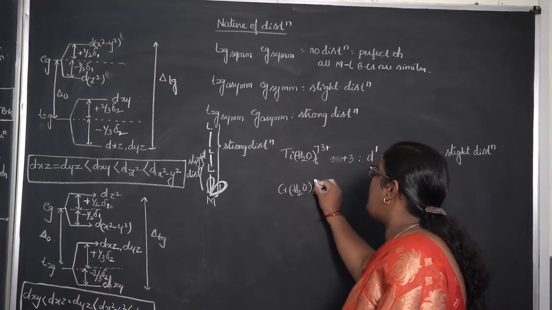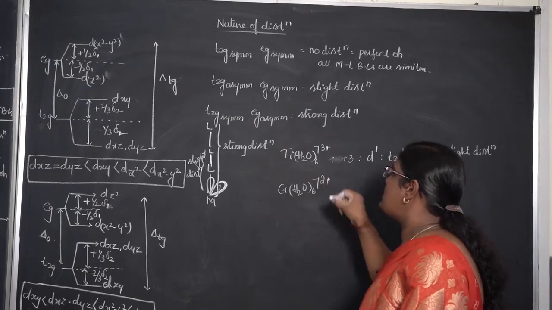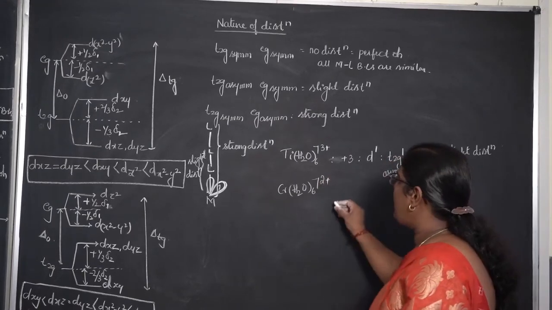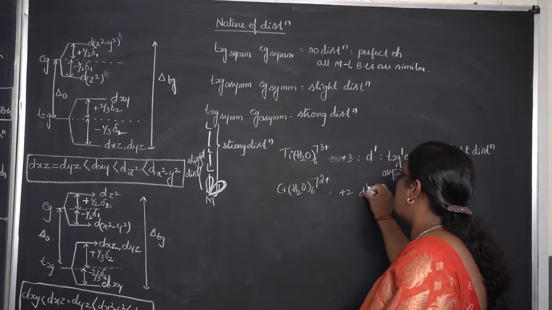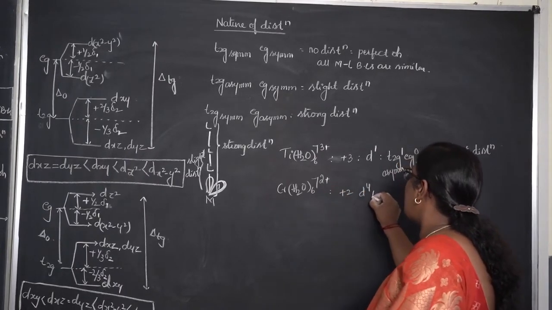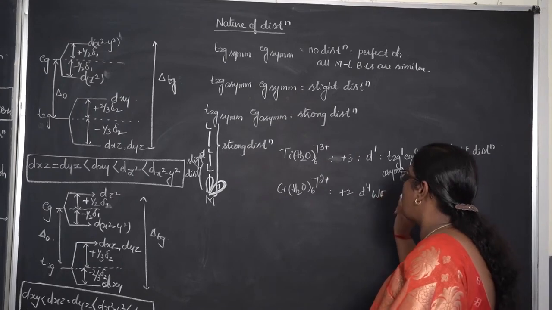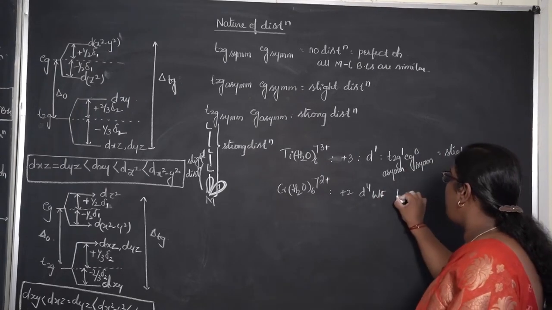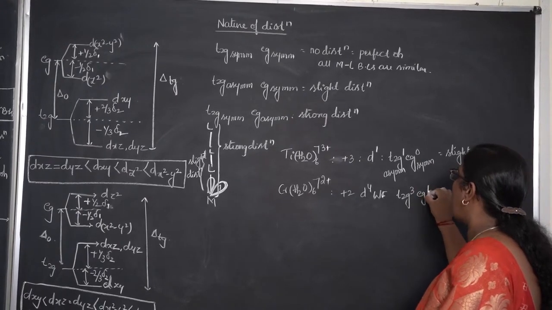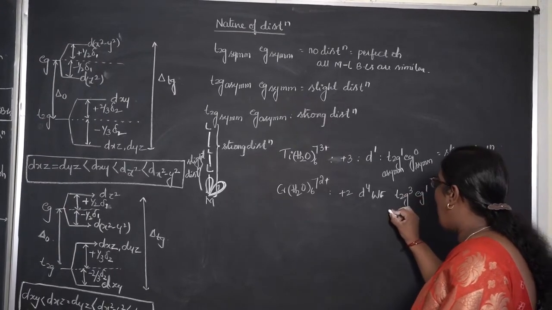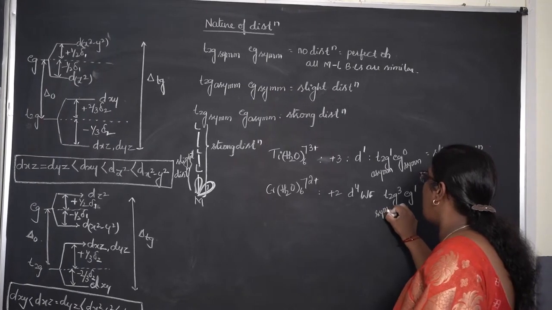And when you take the other example, that is Cr(H2O)6 2+, here it is +2, it is d4, and water is a weak field ligand for chromium. So the configuration will be T2G3 EG1. So T2G is half filled, so it is symmetric.